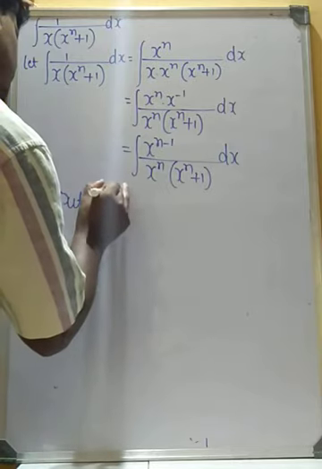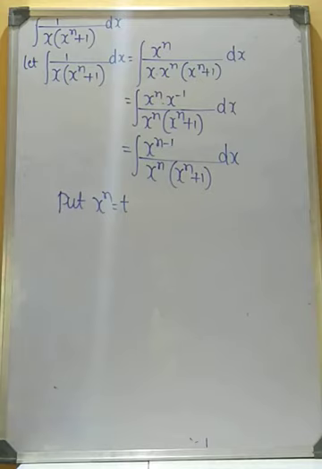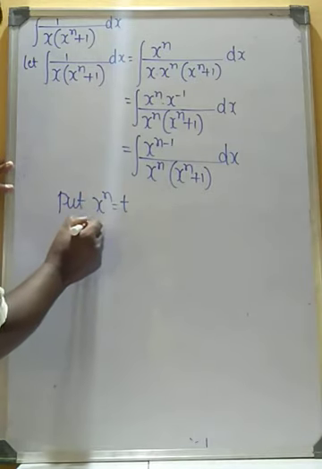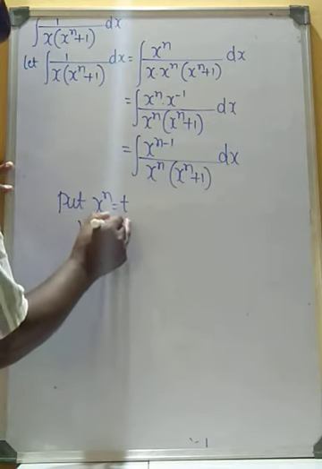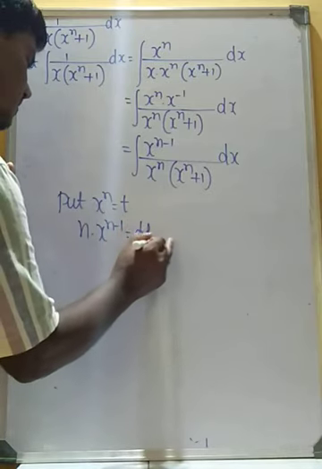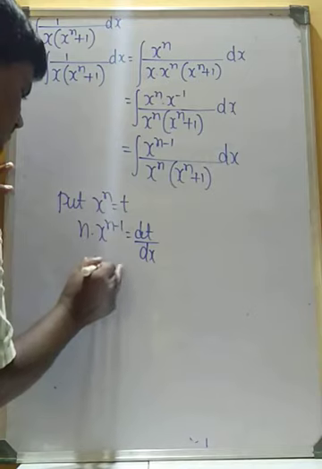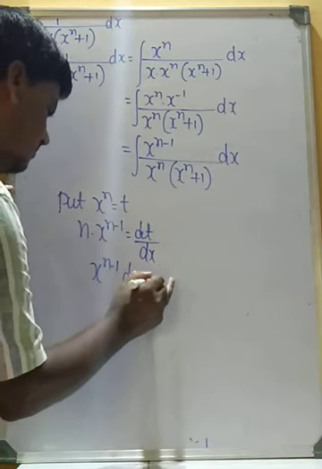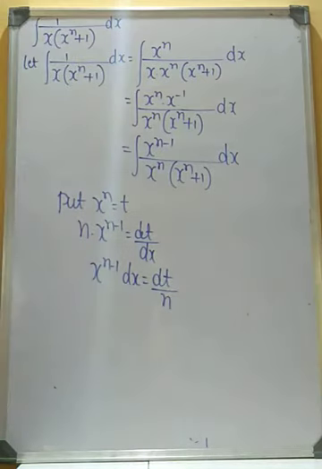Now differentiate with respect to x. You know x to the power of n differentiation is n into x to the power of n minus 1 equals dt dividing by dx. So therefore x to the power of n minus 1 into dx is equal to dt dividing by n.